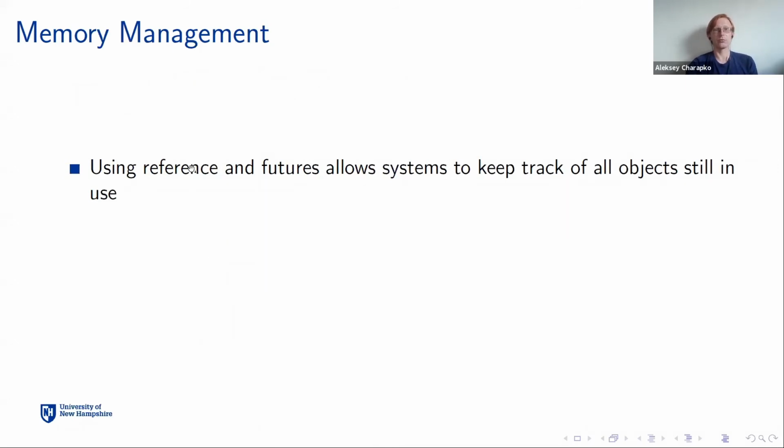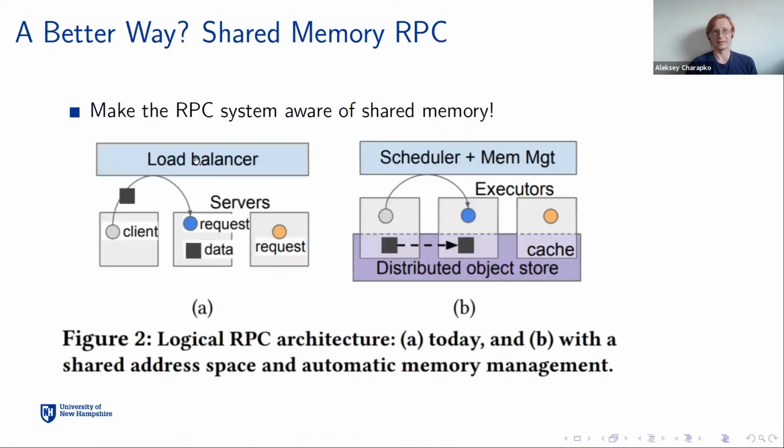So using these references and futures allows the system to keep track of all objects still in use, right? And that's because all of these references and how they're passed is going to be controlled by this load balancer that turned into scheduler and memory management, right? So this guy knows of all the active references.